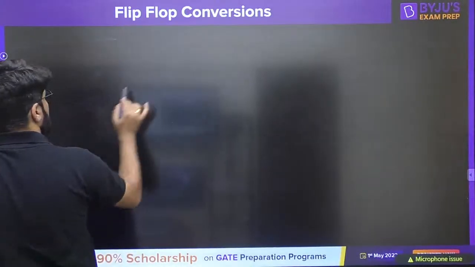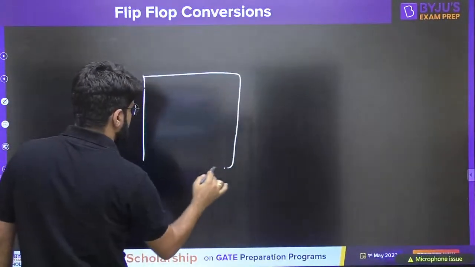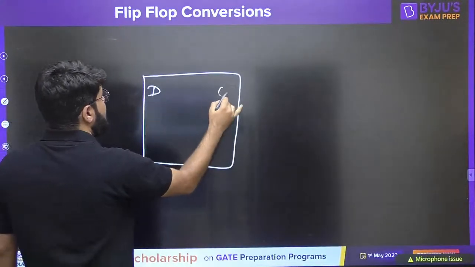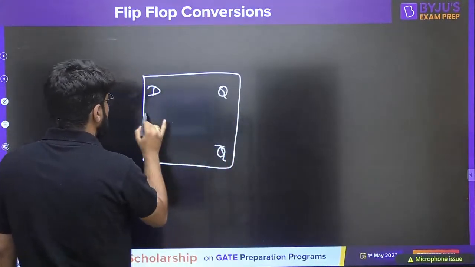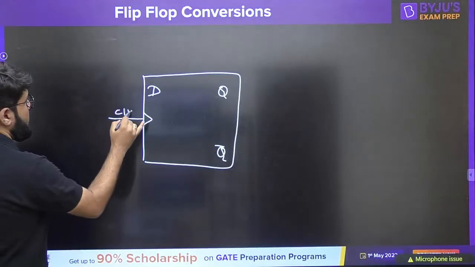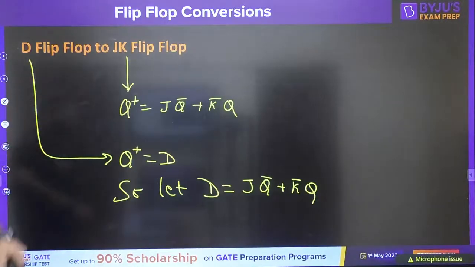Try to see. What is the flip-flop available? D flip-flop is available. So this is D. These are the two outputs, Q and Q bar, and this is the clock. Now I want to convert D to JK.